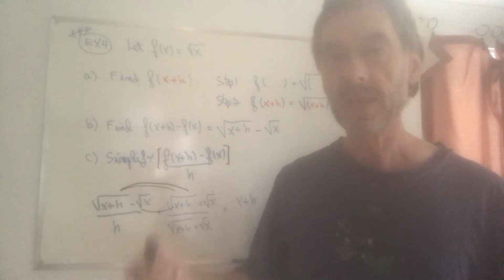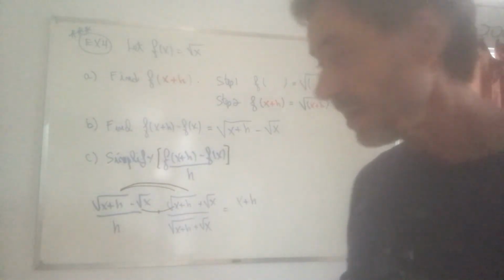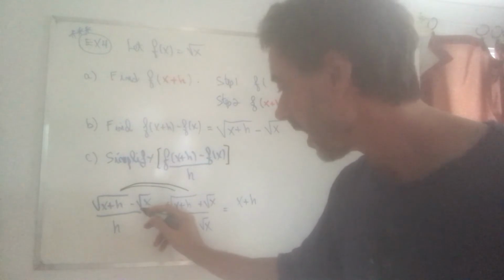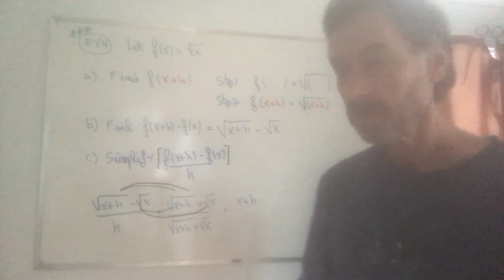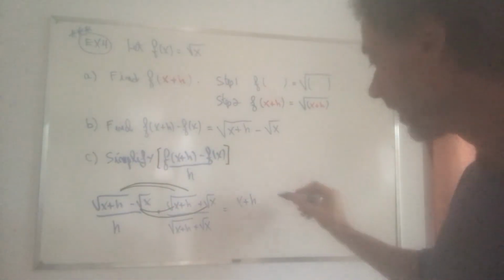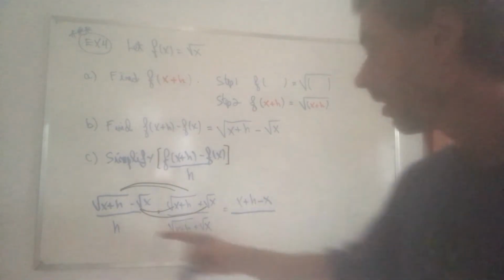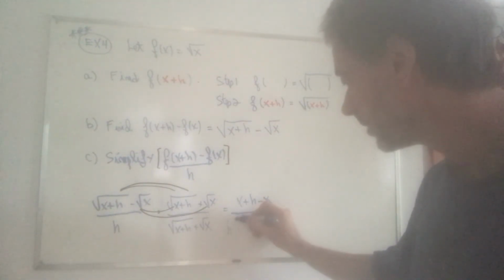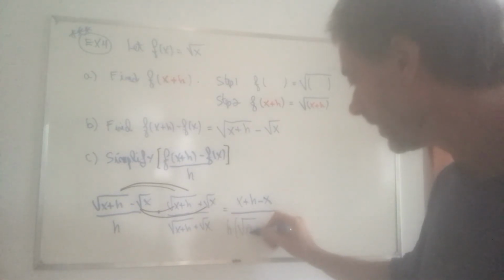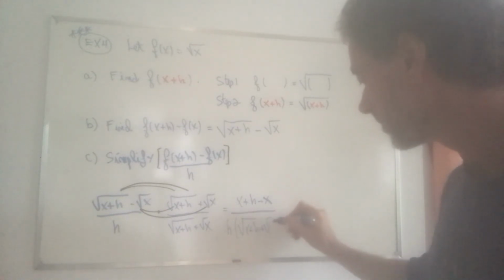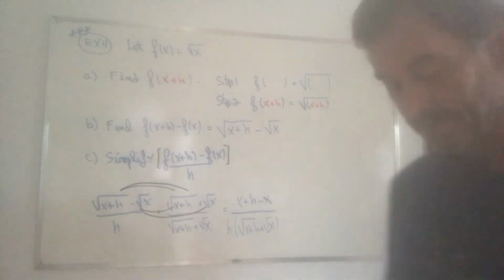They always cancel. The only things left is first with first and last with last. Minus root x times root x is minus x over h times the root of x plus h plus the root of x.